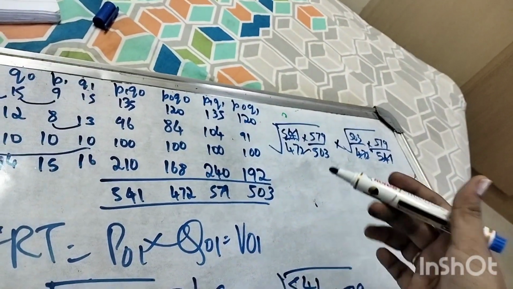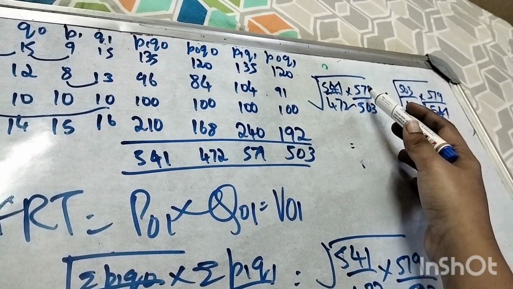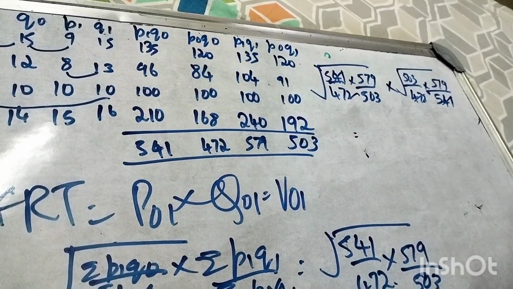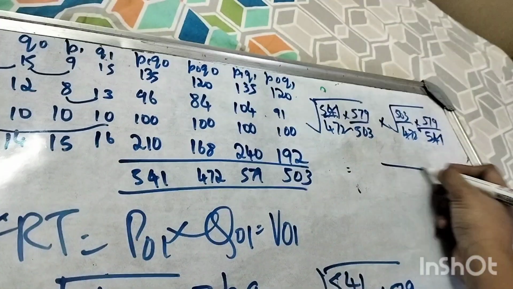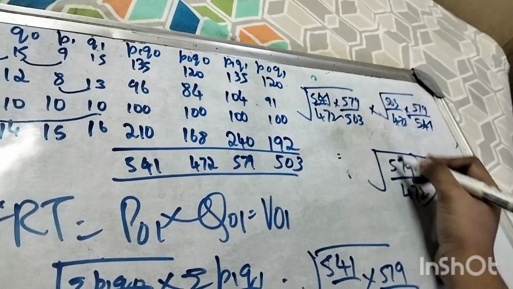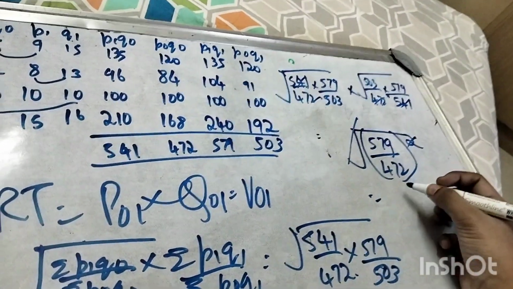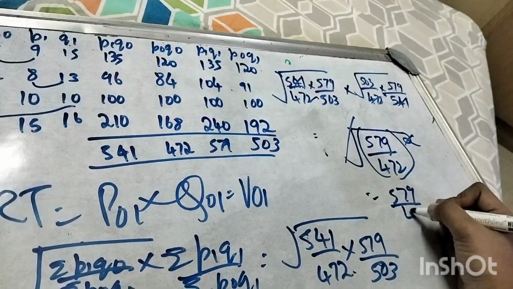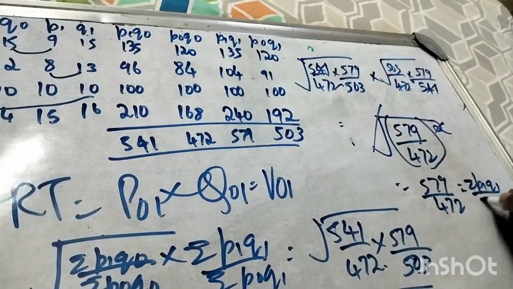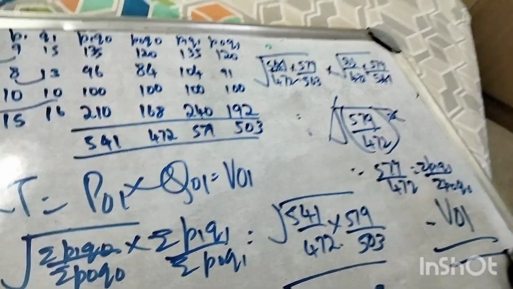So you are left with 579 and 472. So 579 divided by 472, squared. The square gets cancelled, so 579 divided by 472. That's nothing but P1 Q1 divided by P0 Q0, which is equal to V01.